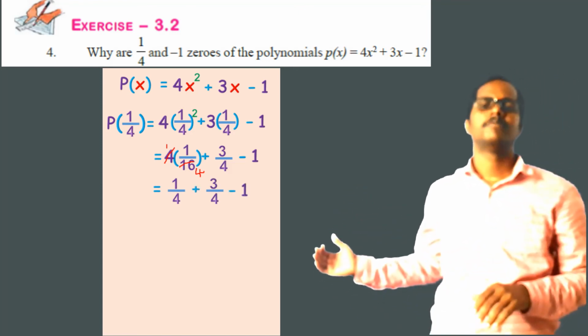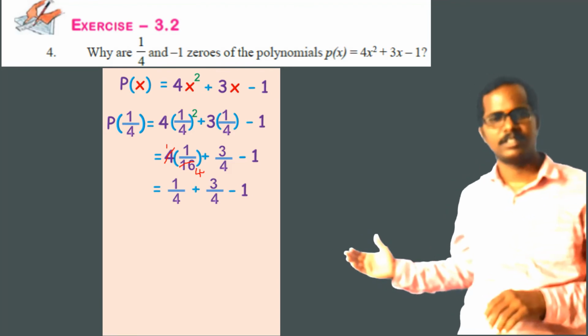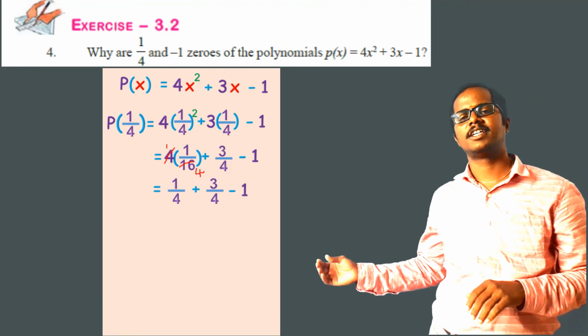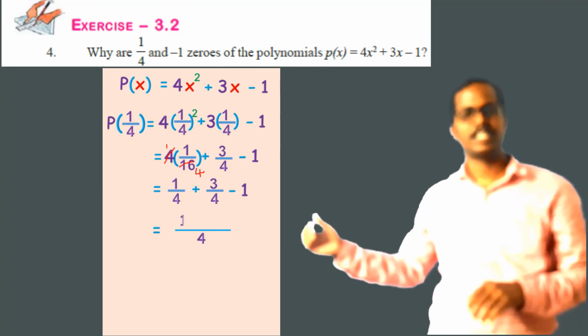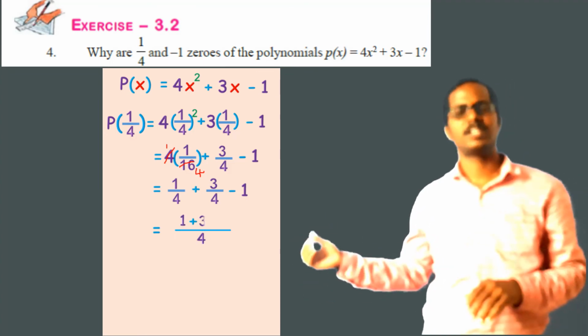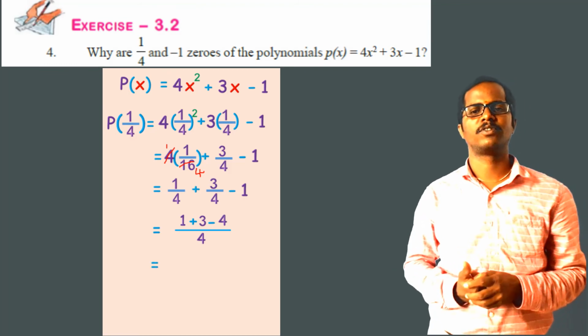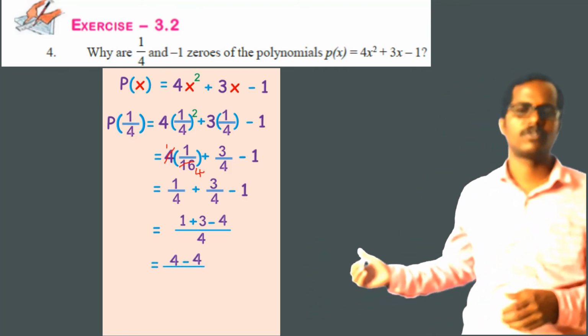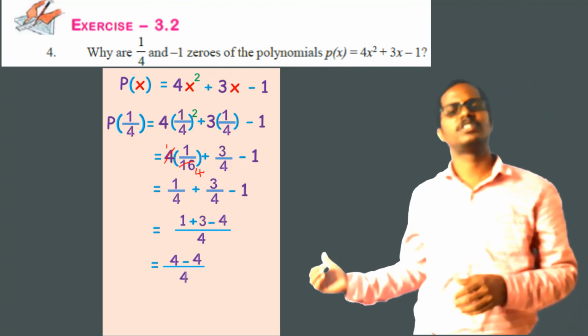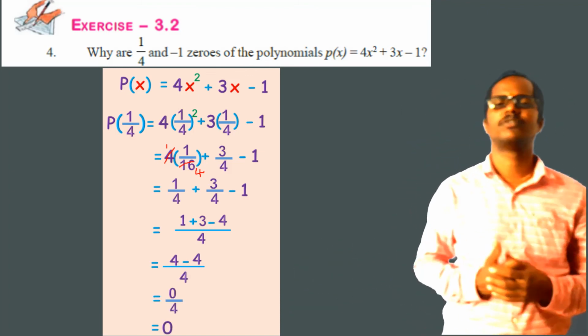Now by observing the denominators we get the LCM as 4, and by taking 4 as the denominator we get the numerators 1 plus 3 minus 4, and by simplifying this we get 4 minus 4 by 4, which equals 0 by 4, which equals 0.